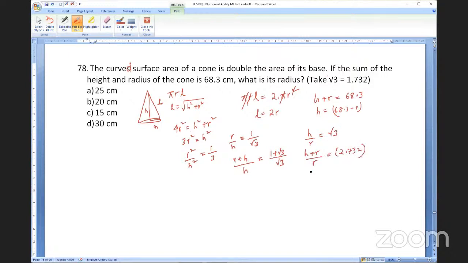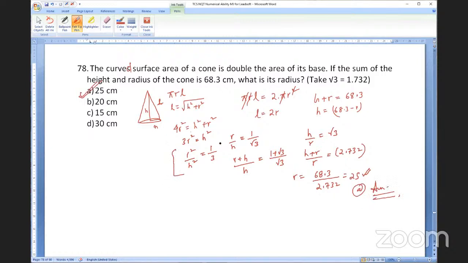So h plus r is 68.3, so r is 68.3 divided by 2.732. Here we would be using our calculator. 68.3 divided by 2.732 will give us 25. Masterpiece. R is equal to 25. Option A is the pick.